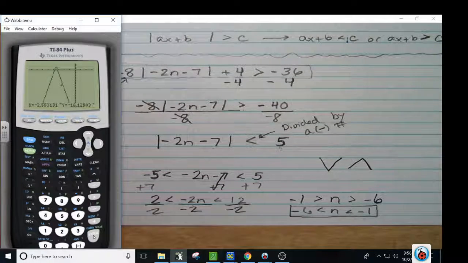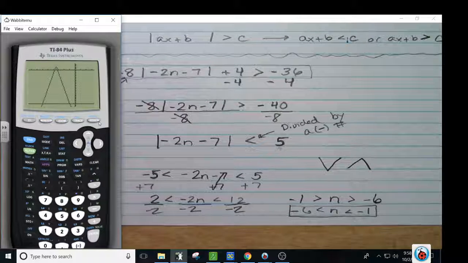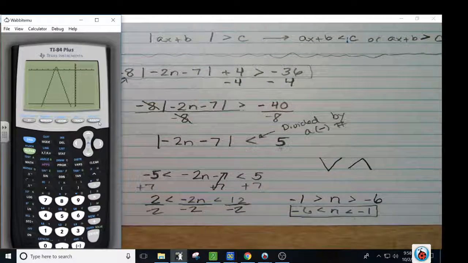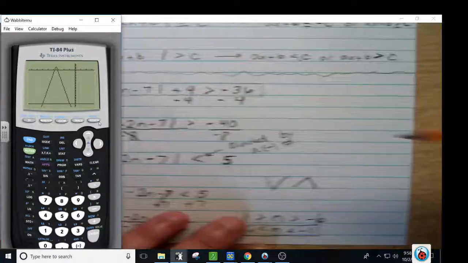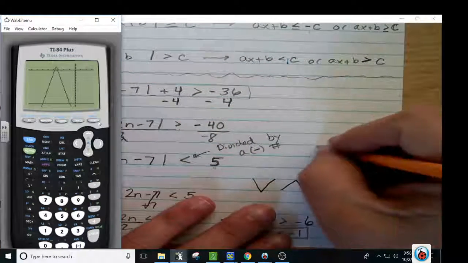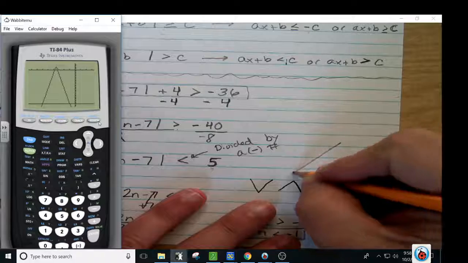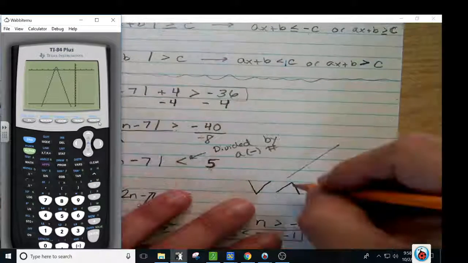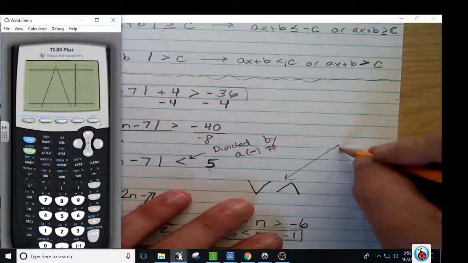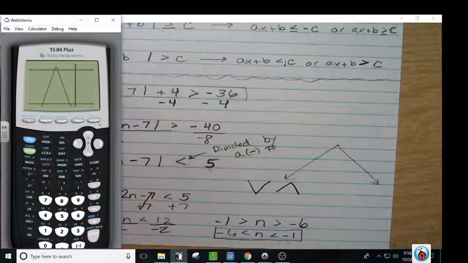Now, guys, does everybody understand when this absolute value graphs, it keeps going in a southwest direction and a southeast direction. It keeps going that way.